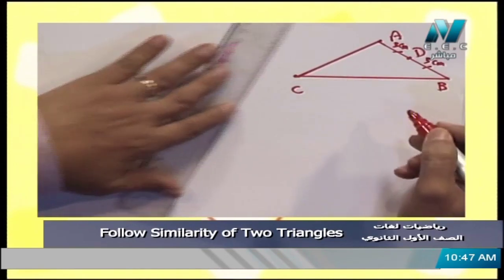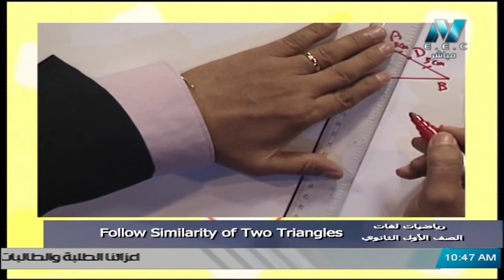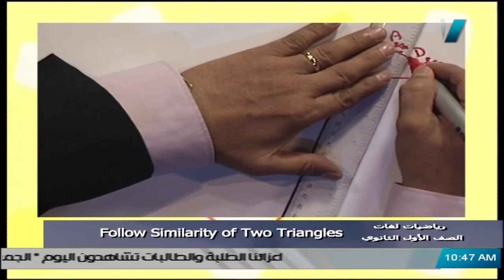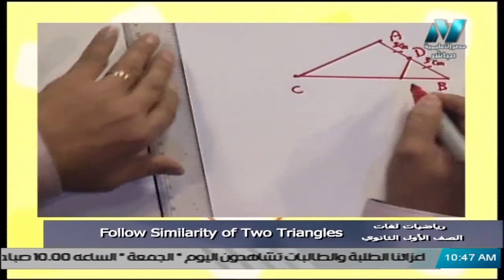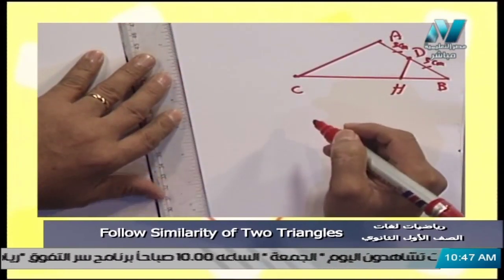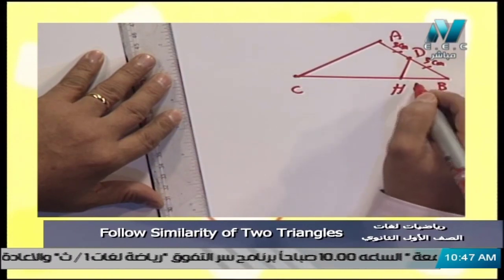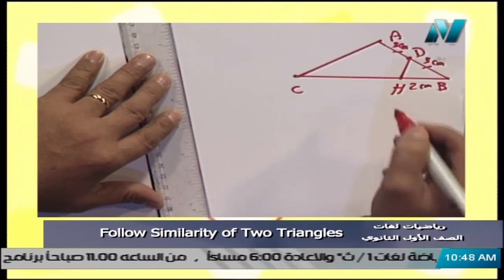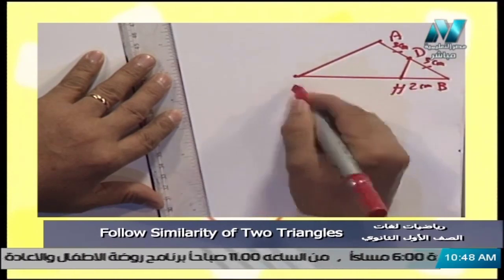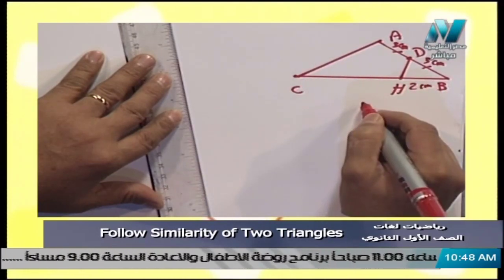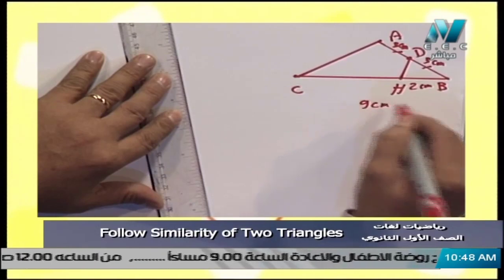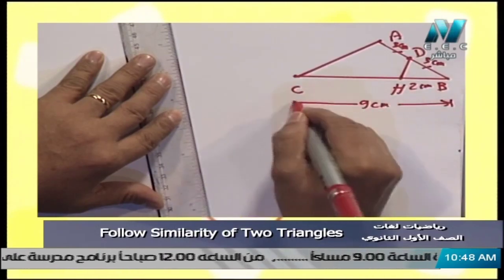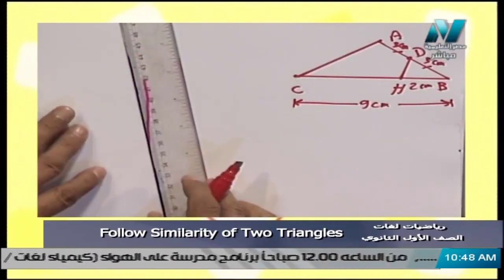Okay, and draw DH such that HB here equals 2 centimeters, and all of BC here equals 9 centimeters. The total side here is 9.